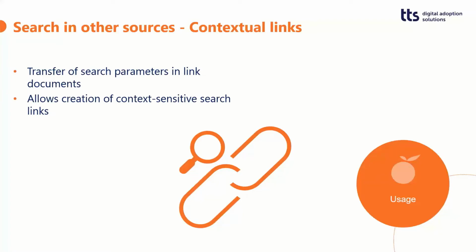So by doing that, we can create context-sensitive search sources for other sources, and as a little bonus, we can very simply assign an individual icon to such a link, so that it is displayed in an attractive manner within the QuickAccess and looks good when pointing our users to a different search source. So let's again have a look at how this looks in practice.